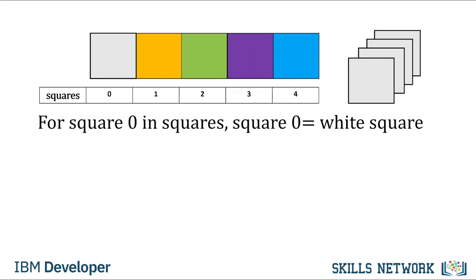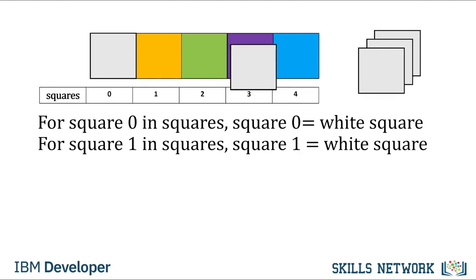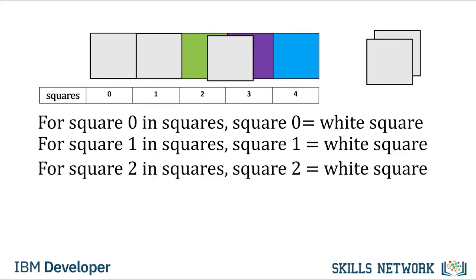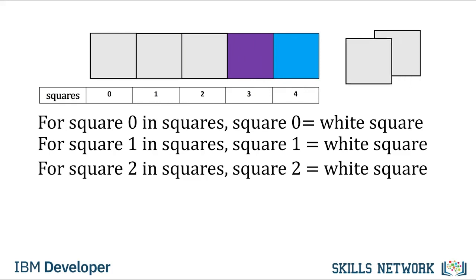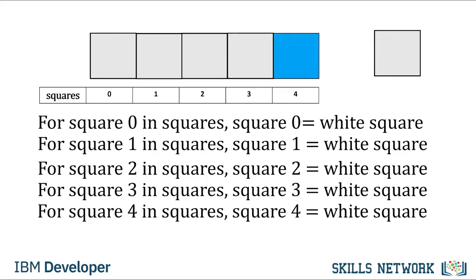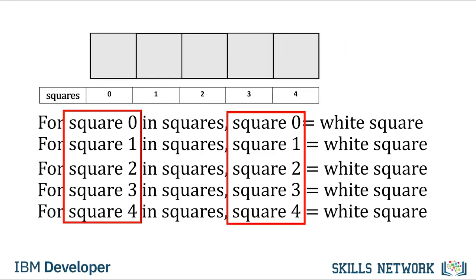Similarly, for the next square, we can say, for square 1 in squares, square 1 equals white square. For the next square, for square 2 in squares, square 2 equals white square. We repeat the process for each square. The only thing that changes is the index of the square we are referring to.